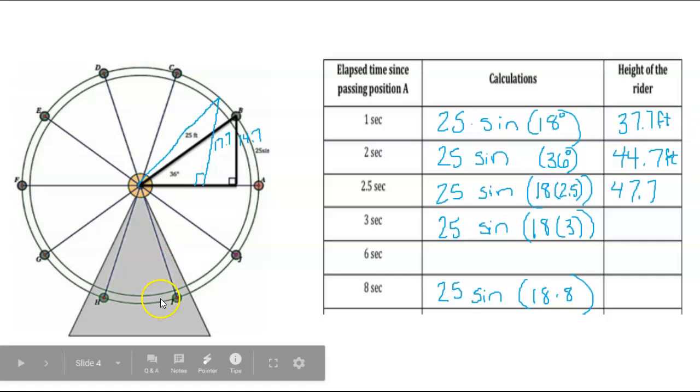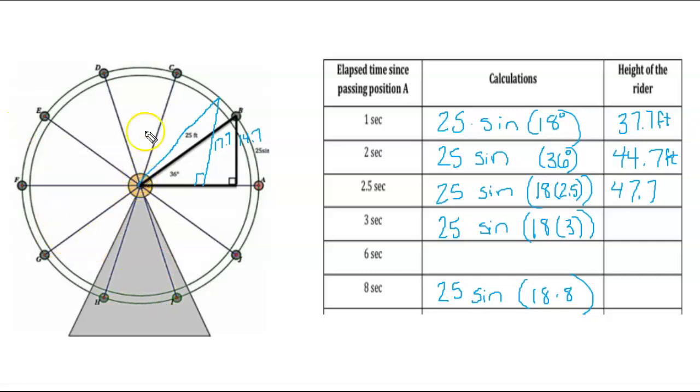I can't have a right triangle with 144 degrees. That seems a little off to me. That gives me an angle over here. 144 degrees is what I have traveled.